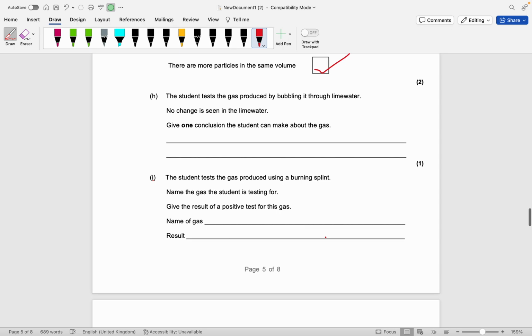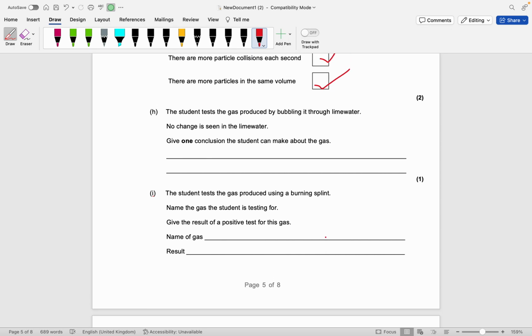It says the student tests the gas produced by bubbling it through lime water. No change is seen in the lime water. Give one conclusion that the student can make about this gas. Well, it's asking you about the 4 gas tests that you know. So the 4 gas tests that we know: the test for carbon dioxide, the test for oxygen, the test for hydrogen, and the test for chlorine.